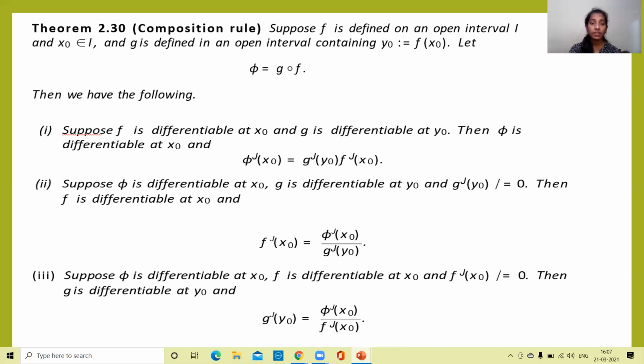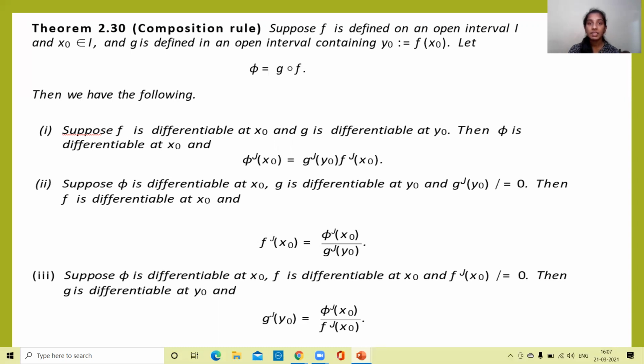Suppose phi is differentiable at x naught, g is differentiable at y naught, and g dash of y naught is not equal to 0, then f is differentiable at x naught and f dash of x naught is equal to phi dash of x naught by g dash of y naught.